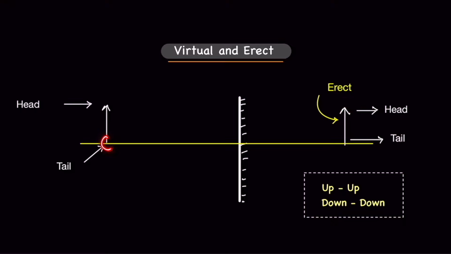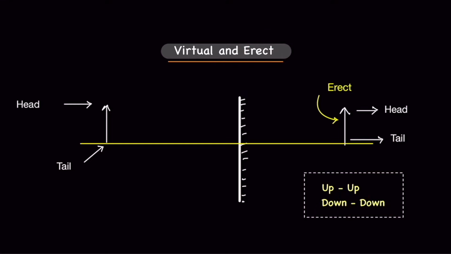Same thing, the tail is on the bottom. So in the virtual image, when the head and head are both up, it is erect. It is a very simple way to remember. The upside of the object is equal to the upside of the image and the downside of the object is the downside of the image. So it is called erect.